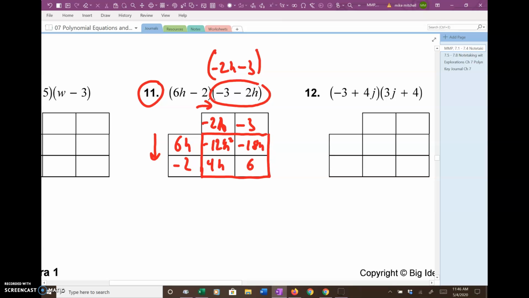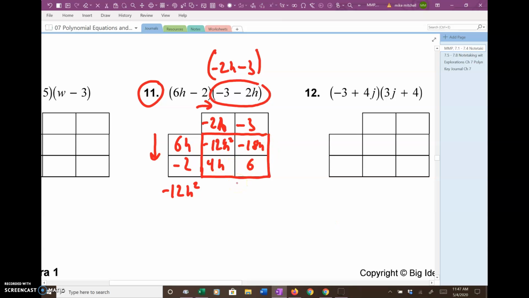Now I'm going to bring out what's in my little boxes and write it down, again in decreasing order of degree. H squareds come first, so I'm going to have the negative 12h squared first. The reason I like to write it like this is my like terms end up on diagonals.